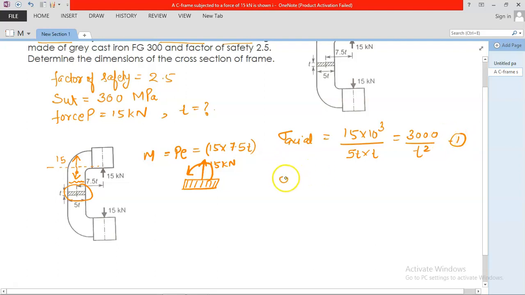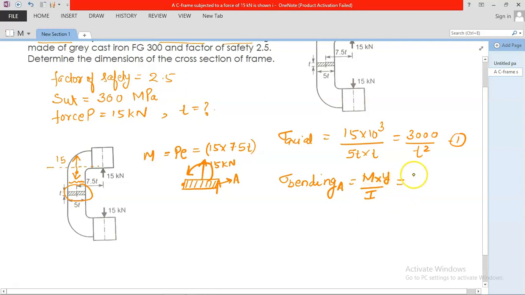Now applying bending stress, this moment will cause a bending stress that is tensile at this portion and compressive at this portion. Let us take point A. So bending stress at A is M into y by I. This is the standard formula.